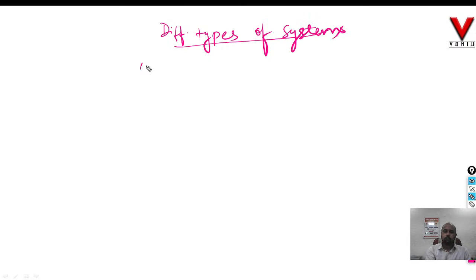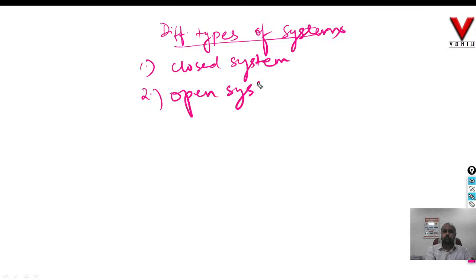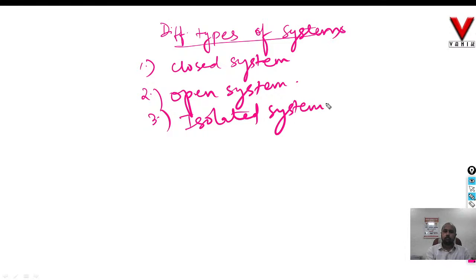Then you have different types of systems. One is closed system, open system, isolated system. Closed system means only energy transfer occurs.